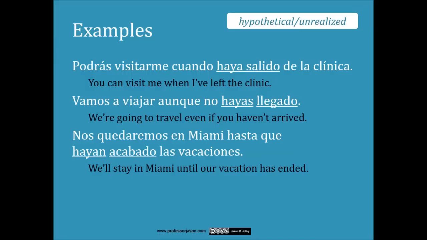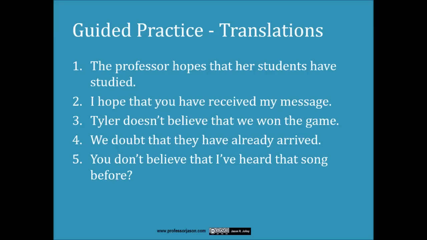And it's completely possible that an asteroid could strike the Earth and end all creation before it ends, okay? So these are uses of the present perfect subjunctive for adverbial clauses that deal with events that are hypothetical or haven't happened yet.